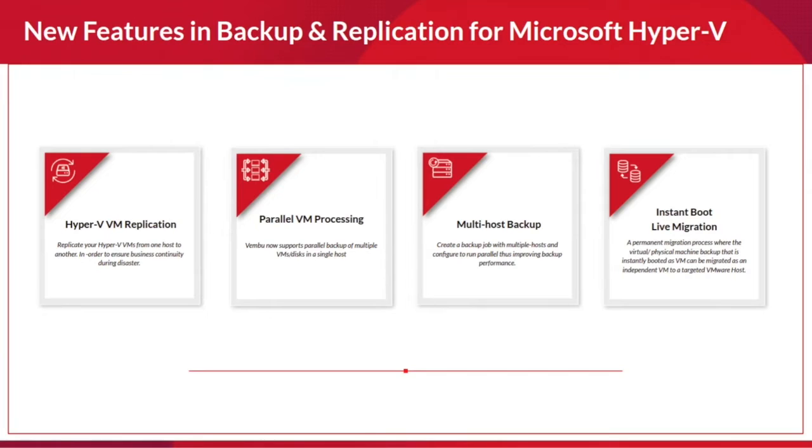So actually, this is a type of permanent migration process. This is for both your physical as well as your virtual machine backup, where you can instantly put a VM on a VMware ESXi, and it can be made independent after it has been booted. So that's instant boot live migration, a new option that we have added in.